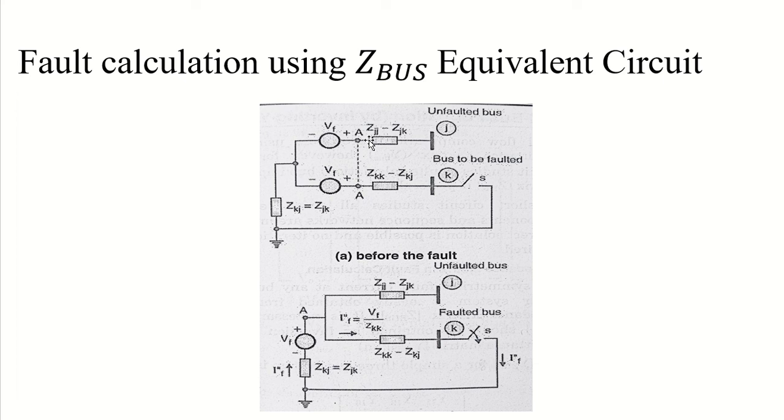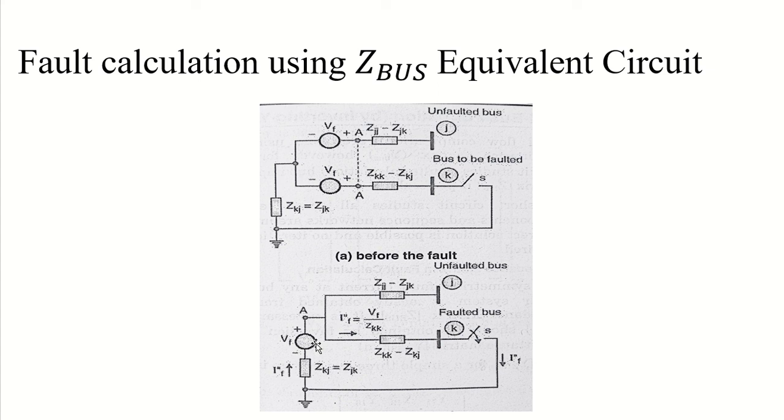And all the pre-fault bus voltages will be the same, VF, as you can see. Now the load current of the bus will be neglected. Remember, we did it in the calculation of synchronous machine in loaded condition as well, so we are going to do the same here.